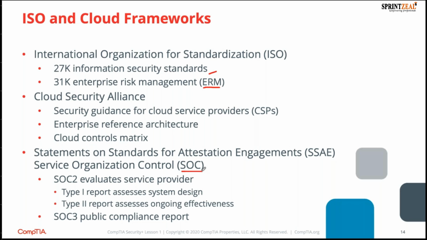A Type 1 report assesses the system design, while a Type 2 report assesses the ongoing effectiveness of the security architecture over a period of 6 to 12 months. SOC 2 reports are highly detailed and designed to be restricted. They should only be shared with the auditor, the regulators, and important partners under non-disclosure agreements.